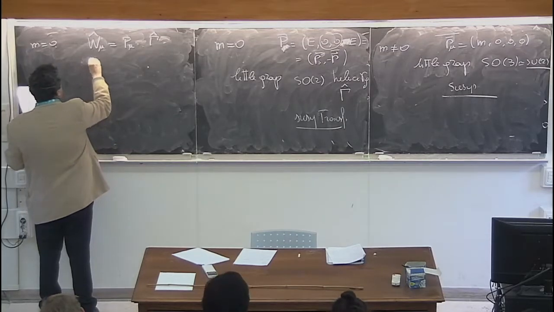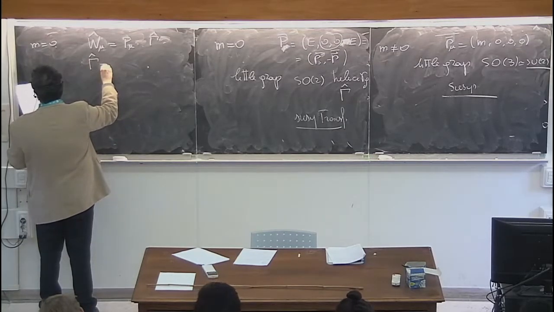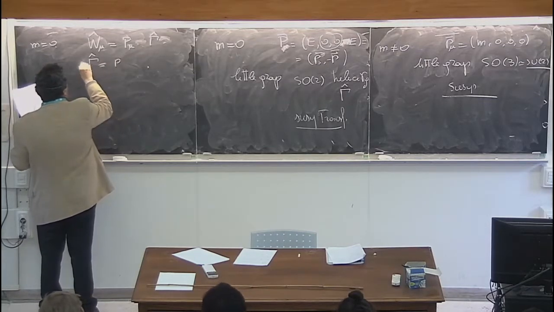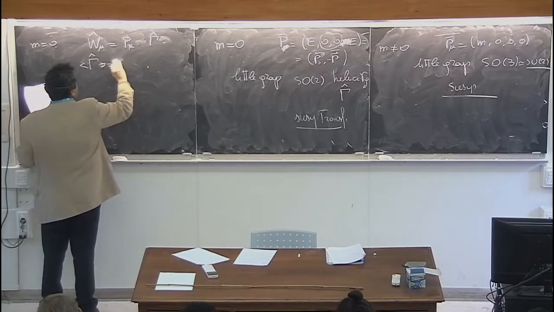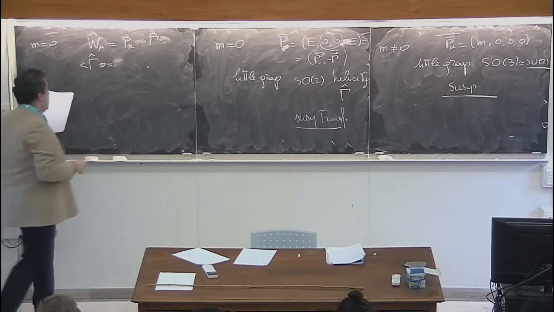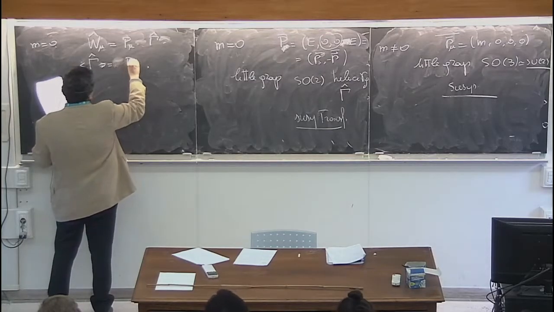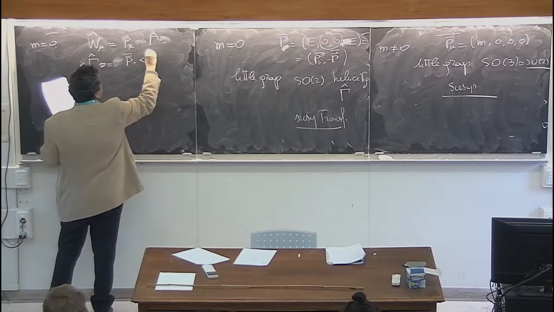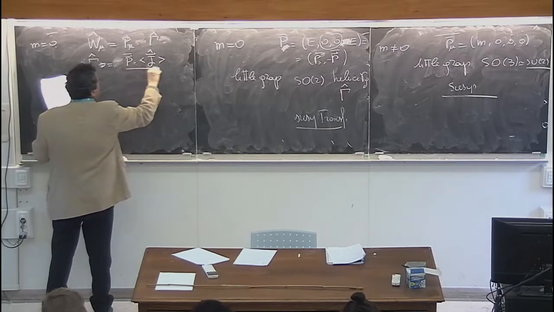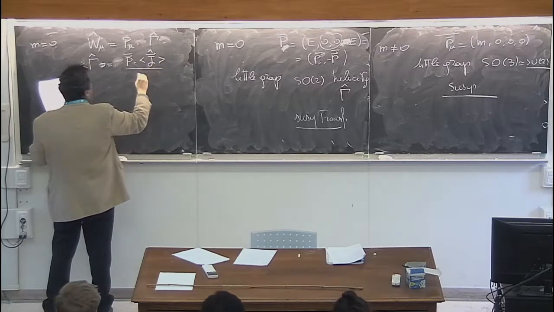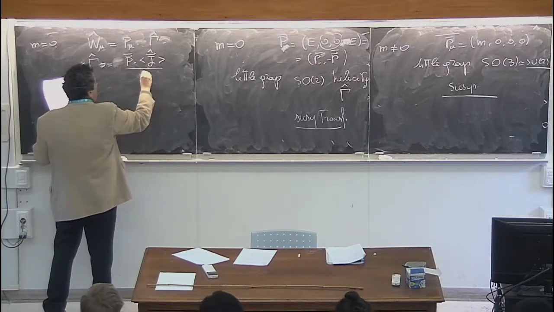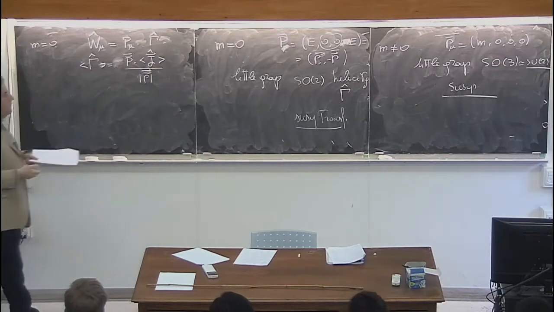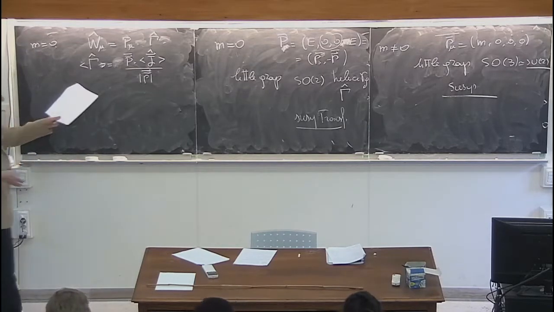And the expectation value of the helicity generator is equal to P bar dot the expectation value of the spin generators, divided by the modulus of P bar.